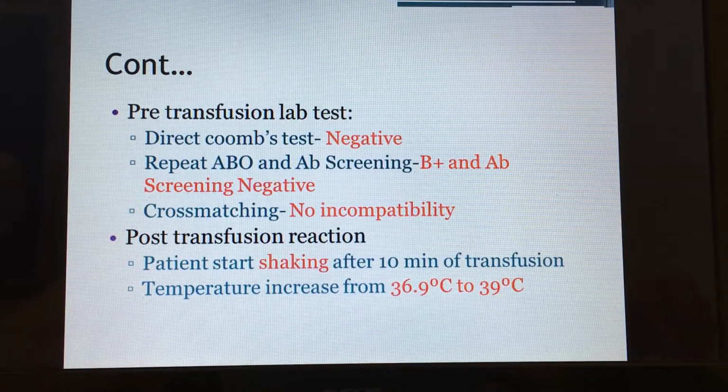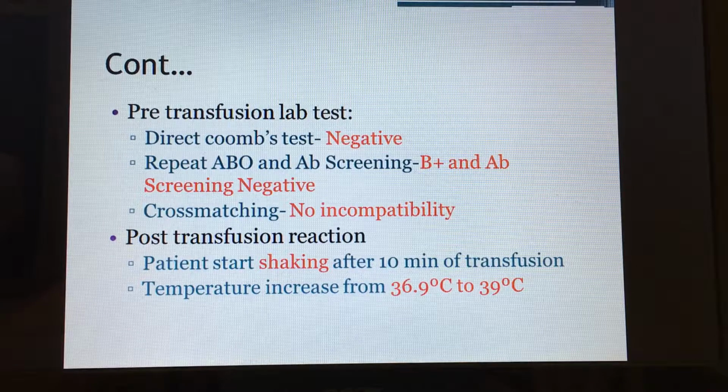For the laboratory testing, the direct Coombs test was negative. On ABO grouping, the patient had blood group B positive, there was no antibody observed in antibody screening, and the crossmatch was compatible, so it was safe to transfuse the patient.